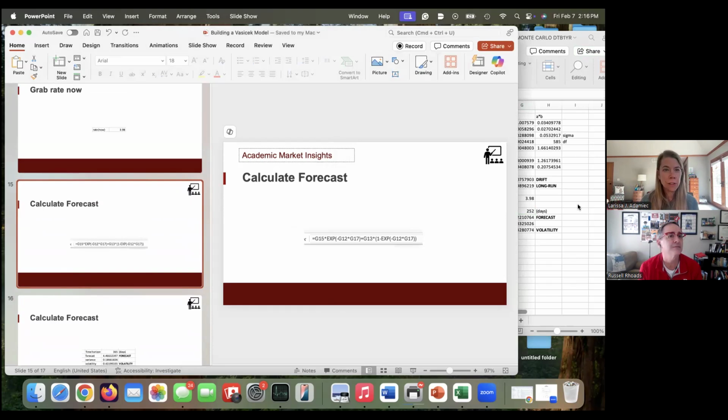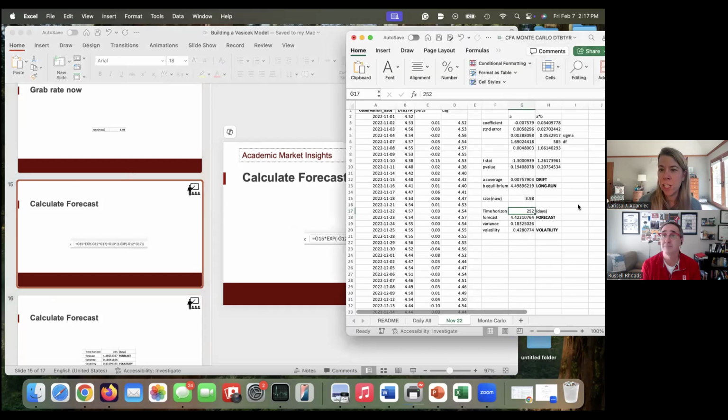So we'll keep the 252. Again, that's one of the nice things about having the spreadsheet. It's really easy to make those changes. We're going to go ahead and calculate our forecast. We're going to take the interest rate now and discount it back by the equilibrium multiplied by the number of days.